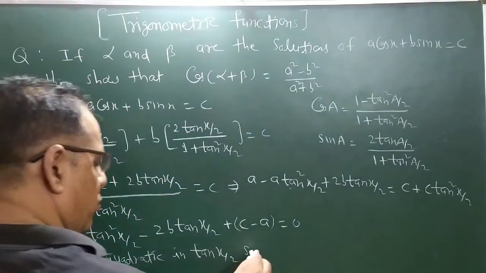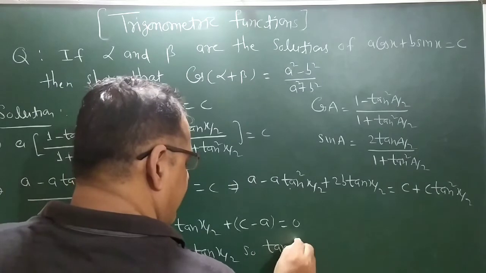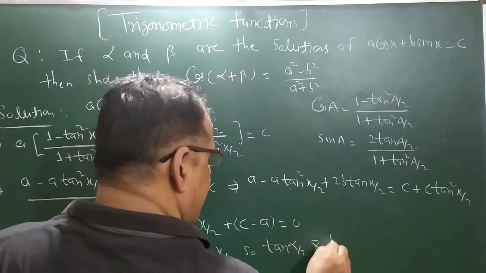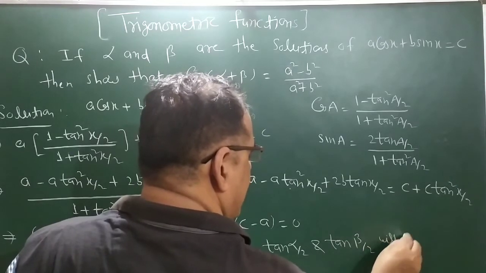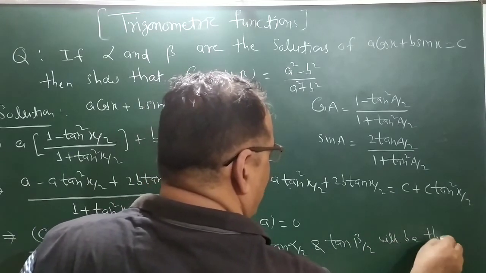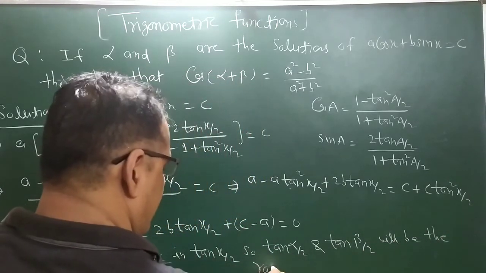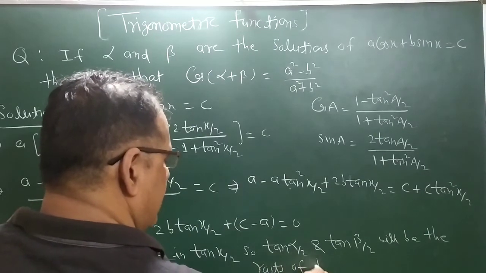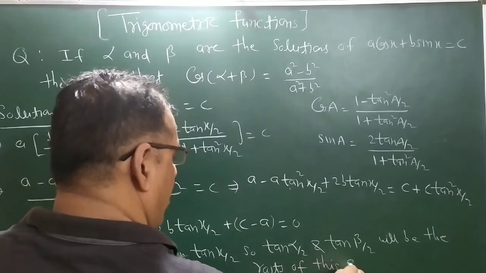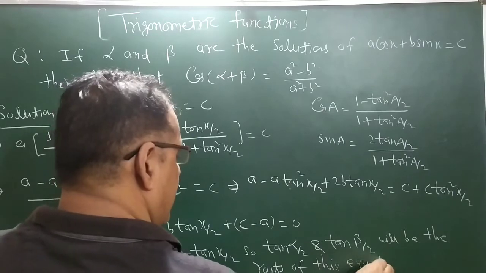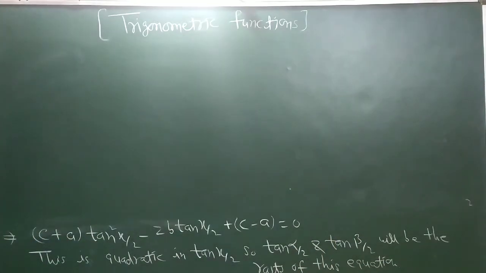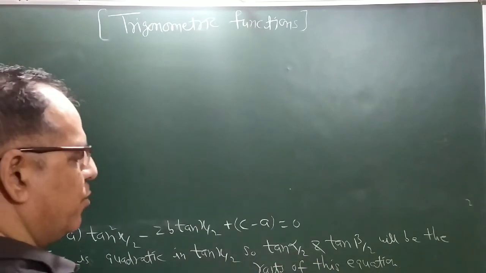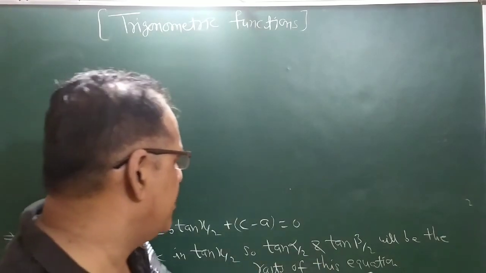So tan(alpha/2) and tan(beta/2) will be the roots of this equation. Here tan(alpha/2) and tan(beta/2) are the roots of this quadratic equation.